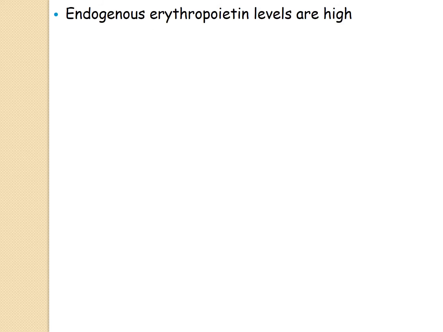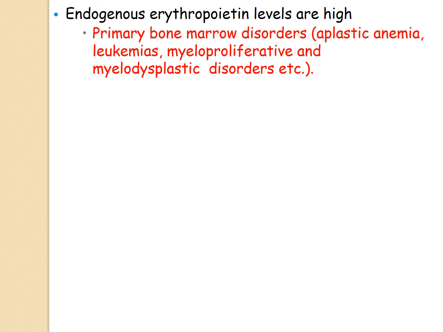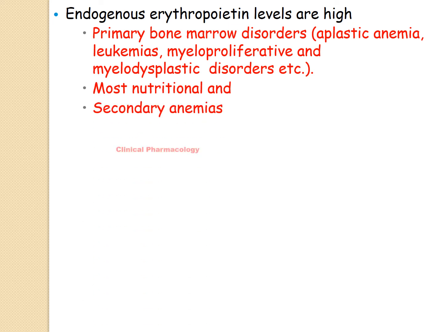High levels of endogenous erythropoietin happen due to primary bone marrow disorders, that is aplastic anemia, leukemia, myeloproliferative and myelodysplastic disorders, etc. Most nutritional and secondary anemias.